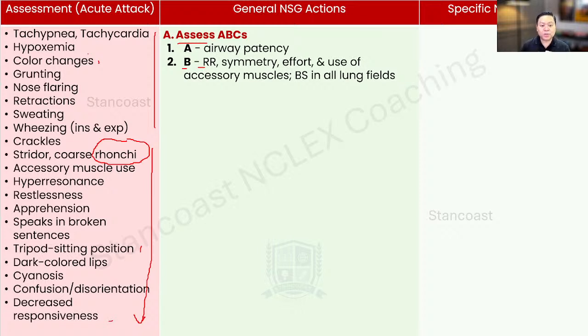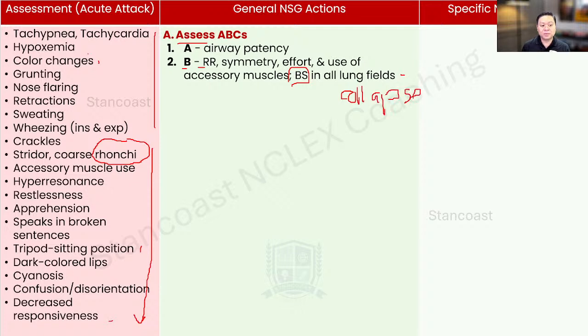So make sure that you're also listening to the breath sounds on all the lung fields. Because if you're not hearing any air exchange or no passing of gas in the alveoli, in the terminal bronchioles, that's not a good sign, guys. This is probably the start of a lung collapse.